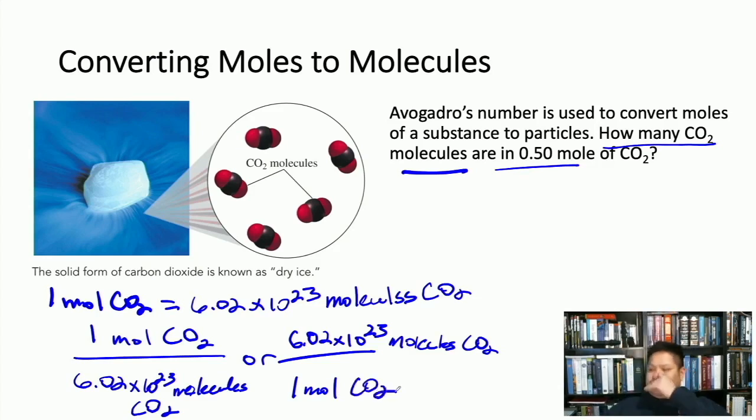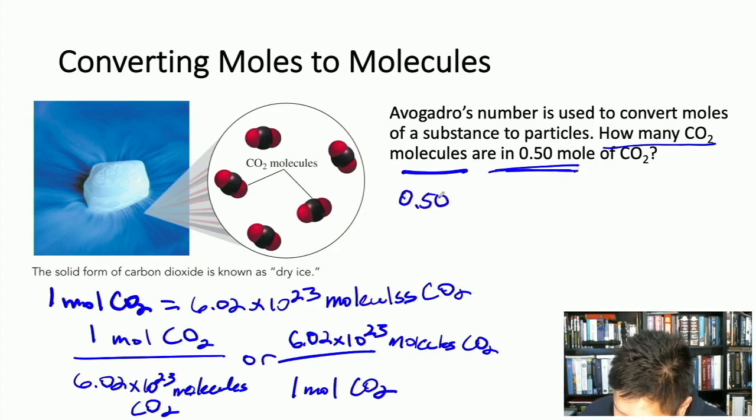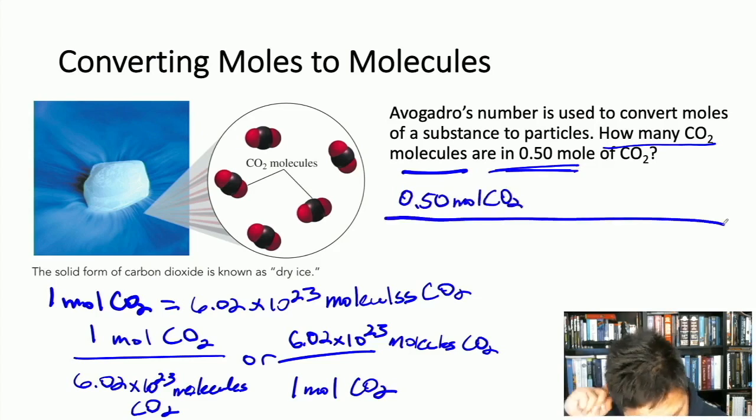So that's really helpful, because now you can say, like we were doing before with dimensional analysis, start off with what they give you, which is 0.50 moles of CO2. Begin your dimensional analysis. We want to know how many molecules there are, so you want to end with molecules, which means that the mole should be at the bottom because you want to cancel out moles.